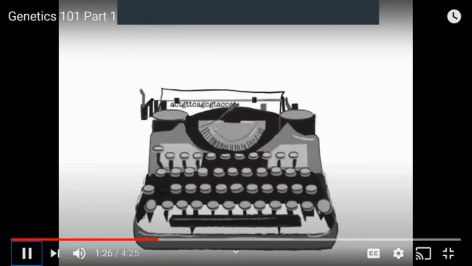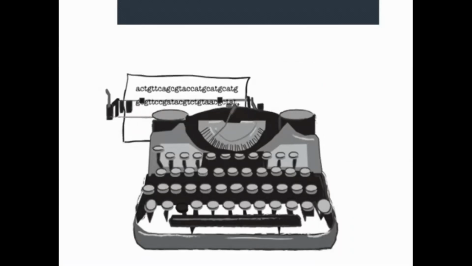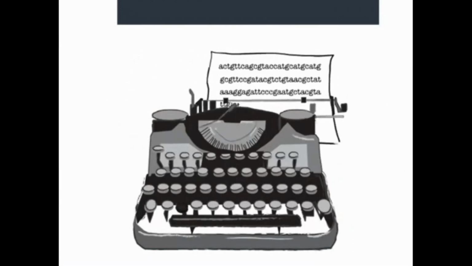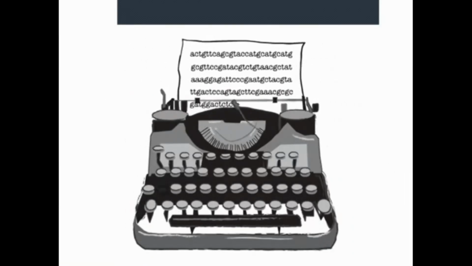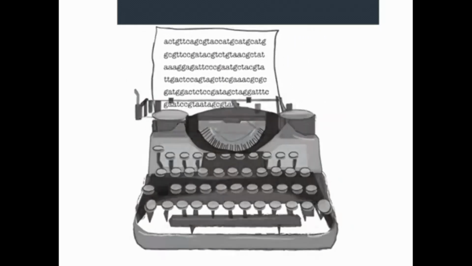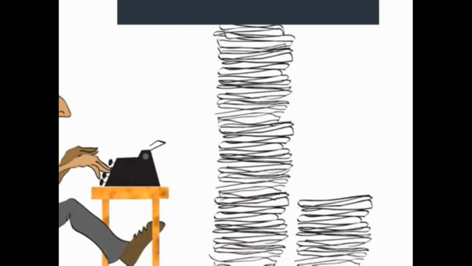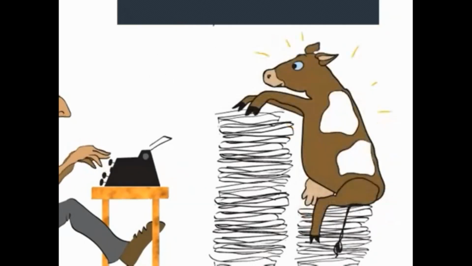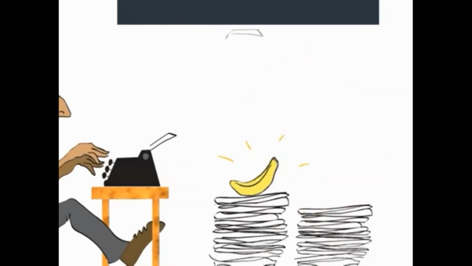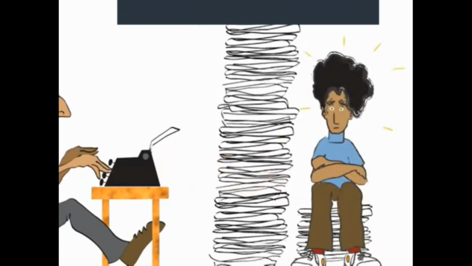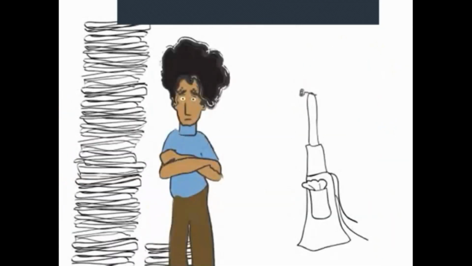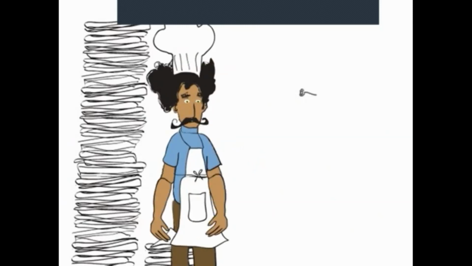These bases spell out the language known as the genetic code. The number and order of these 4 bases determine, for example, whether you are a chimp, a cow, a banana, or a human. Most genes are recipes for making specific proteins.